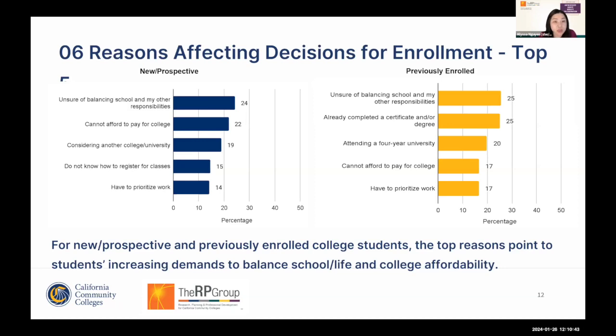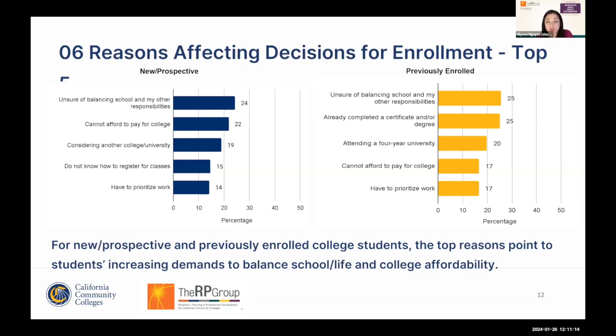So what you'll see here is that nearly a third of the respondents from each of the groups marked that, and that was the highest proportion and the largest factor driving students' decision to attend or re-enroll, with college affordability concerns also rising to the top for both groups, about 2 out of 10 students marking that as an indicator.